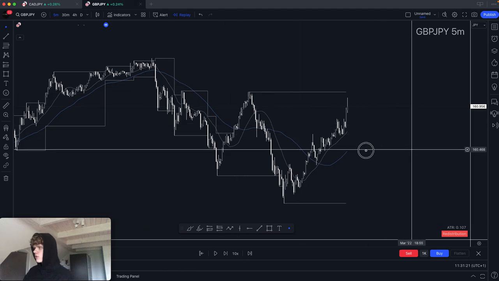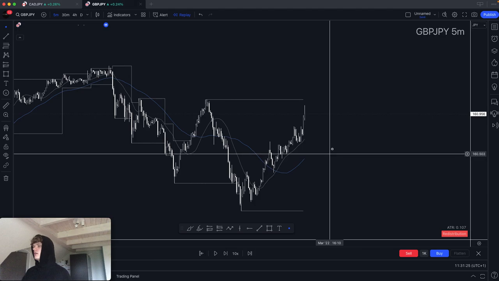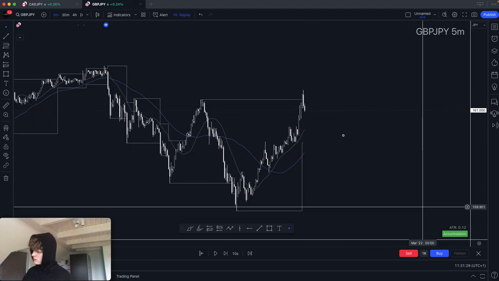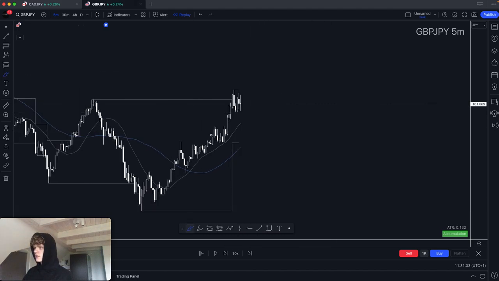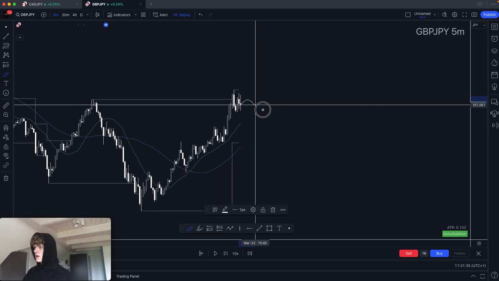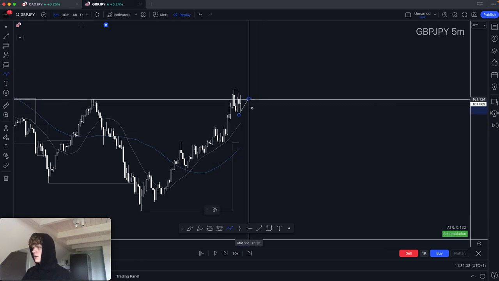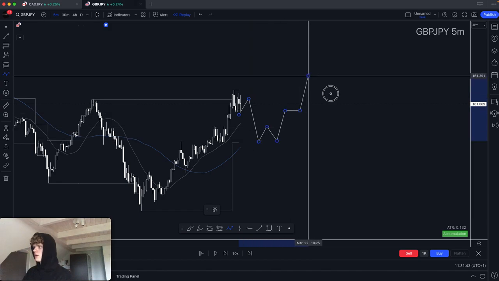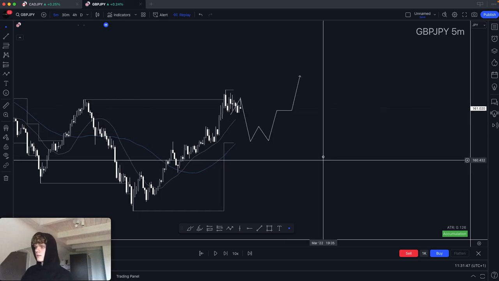Looks like some stage 1. So stage 1 basically here. And yeah, if this can make this accumulation now, then I want to watch this for a setup. A setup for me personally would be, if we come here and some setup here, that will be a perfect setup for me personally.